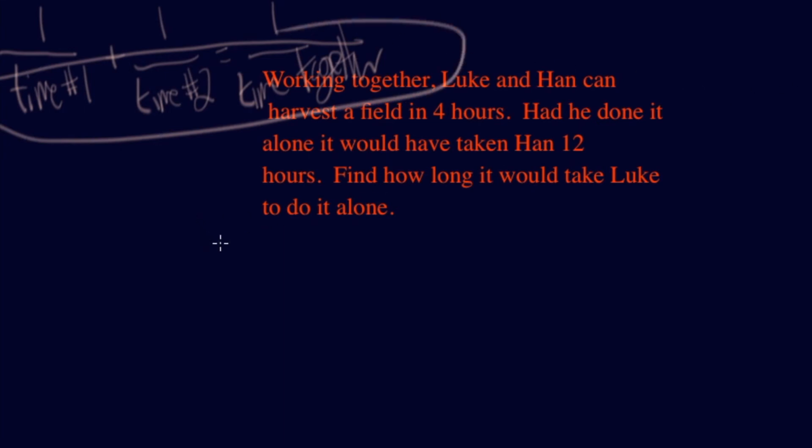So ask yourself right now, do we know how long it took Luke? Not at all. So we're going to make that 1 over x. But we know that if Han was working all by himself, he didn't have Chewie there, or C-3PO, or R2-D2, it would take him 12 hours. But together, we know when they work together, wow, it is cut down considerably.